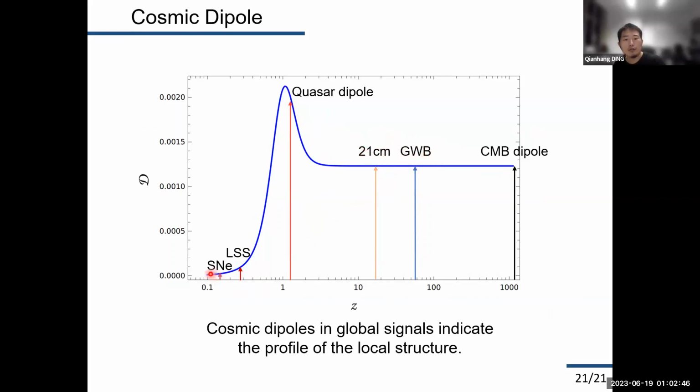And for supernova observations and large-scale structure, because their redshift is relatively small, the induced anisotropic structure in this kind of observation is very small, so it's hard to detect. Then it means the cosmic dipole in the global signals can indicate the profile of a local structure. This result is very important.